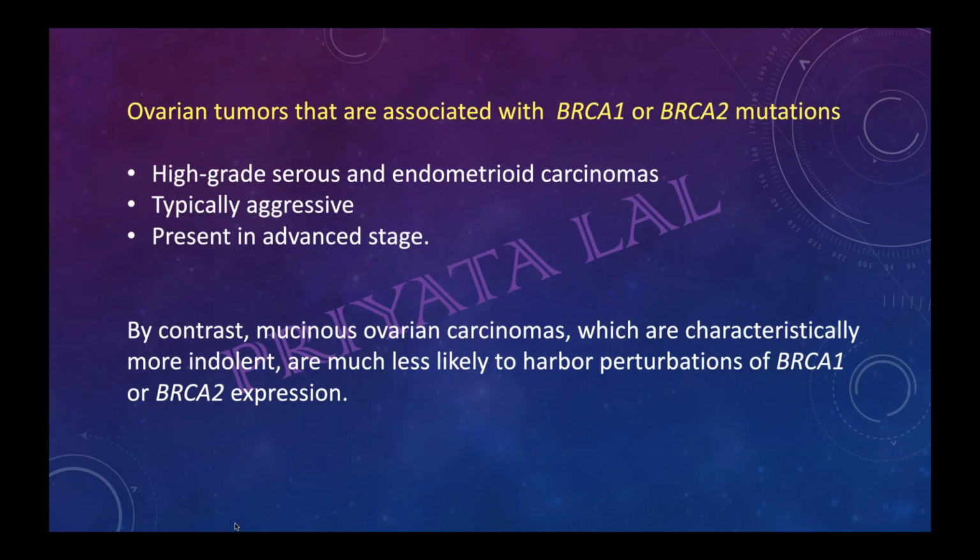So sometimes you will find a question on what type of cancer can be associated with BRCA. Your answer will be high grade serous and endometrioid, mostly serous only. They are typically aggressive, presenting in a very advanced stage. This much knowledge is enough for answering your questions. Too many questions are not coming, but yes, they do come.